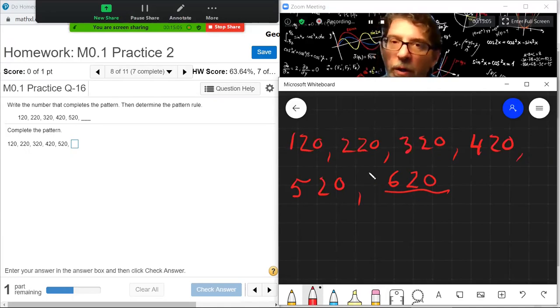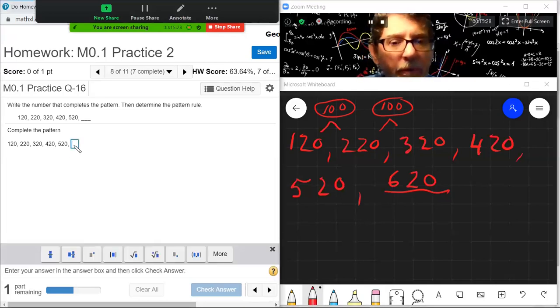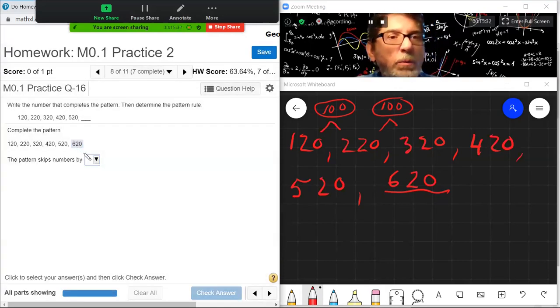The other way you can look at it is that there's a difference of 100 between all of these numbers, right? So you have to assume that there's also a difference of 100 between 520 and 620. So let's put 620 in there and see if that's what they're looking for. So now we're skipping by 100.